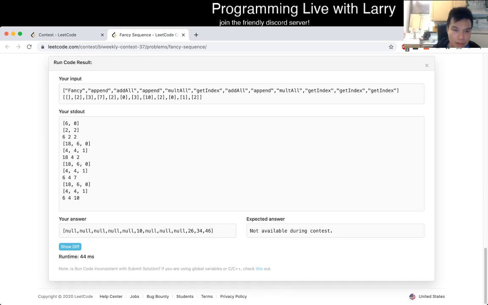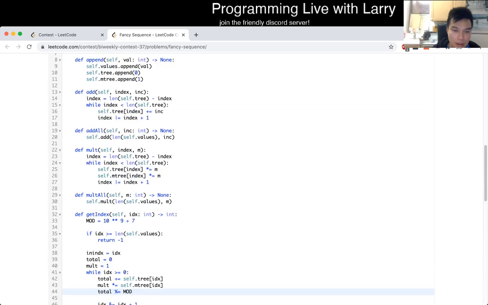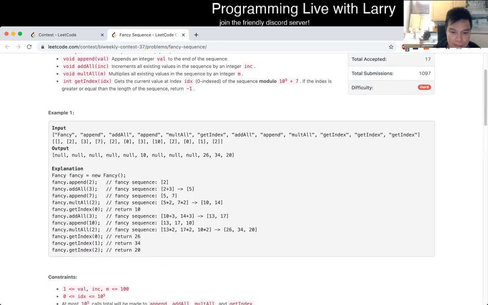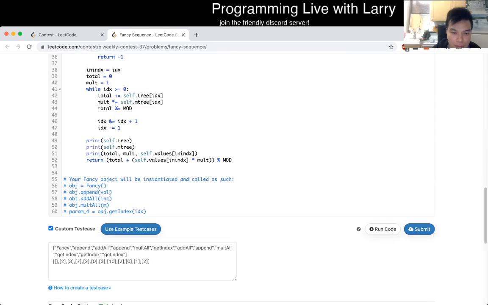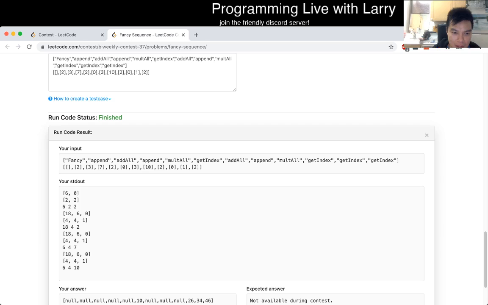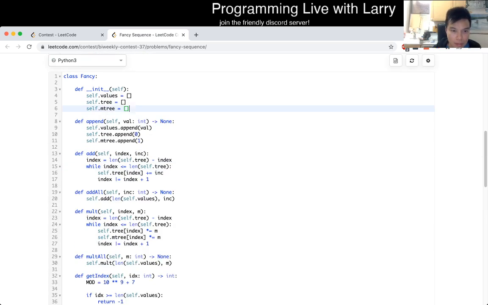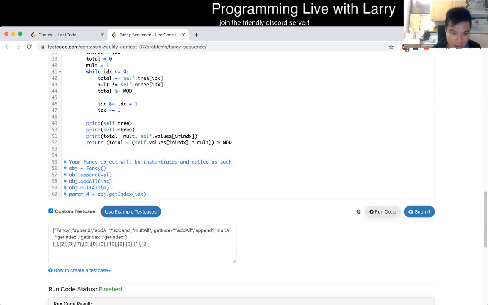I got the first part. I think the first part is right. Maybe. I don't know if that's true actually. Maybe I'm just a little bit lucky. Because it seems like this is always going to be right anyway. Maybe I'm just off by 1.